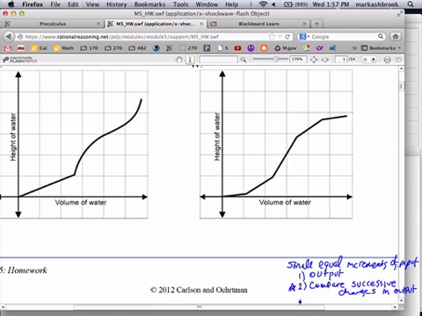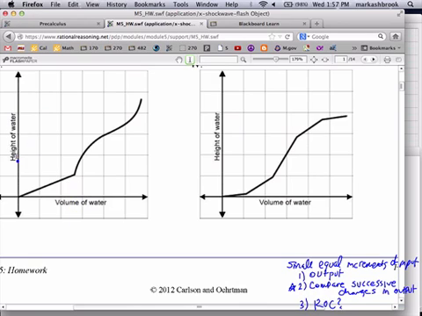And then the third thing is we conclude about the rate of change. What's the rate of change doing? Is it increasing, decreasing, staying the same?